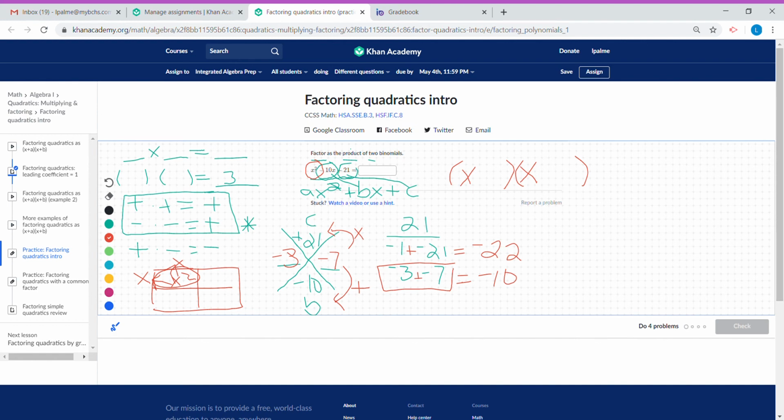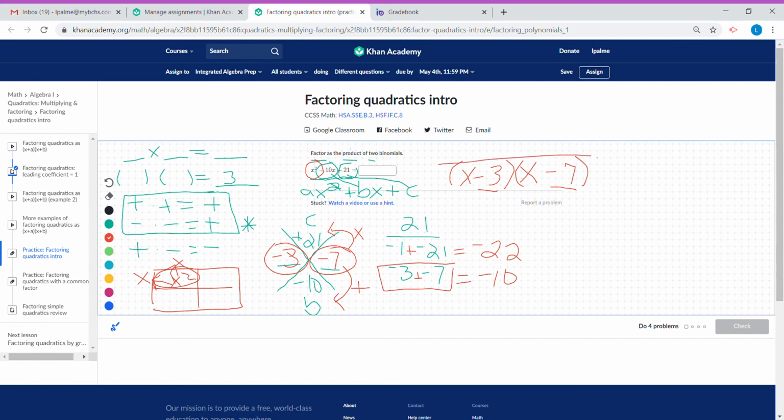Now, you already found your answers that are going to go in these two spots, and those are your negative 3 and negative 7. Negative 3 goes here, negative 7 goes here. So your two binomials, x minus 3 and x minus 7, are going to multiply to give you back your x squared minus 10x plus 21 as your trinomial.